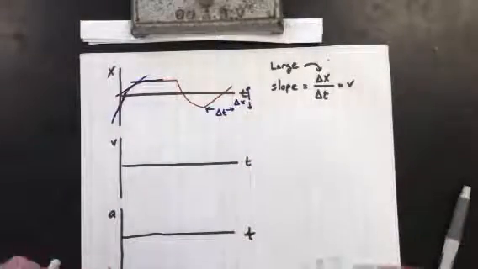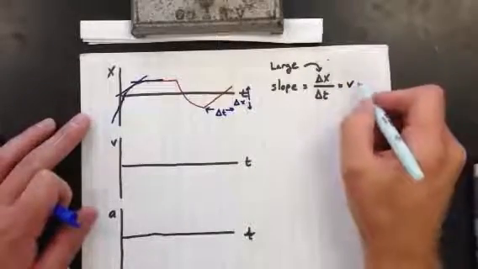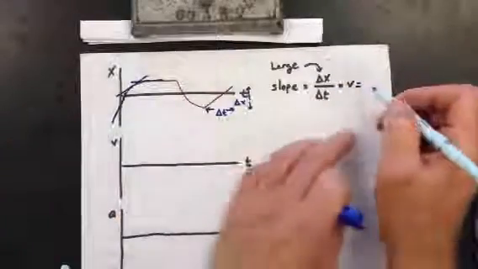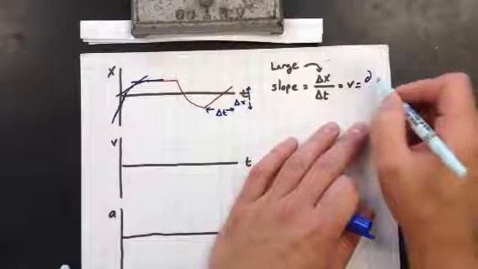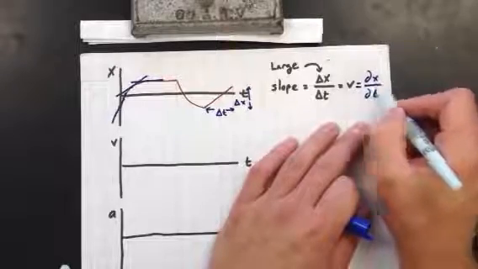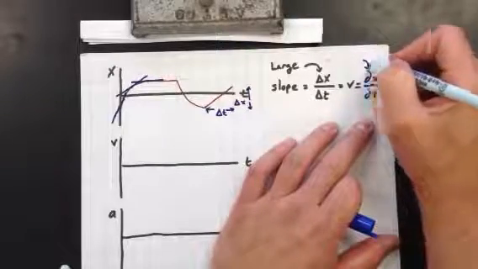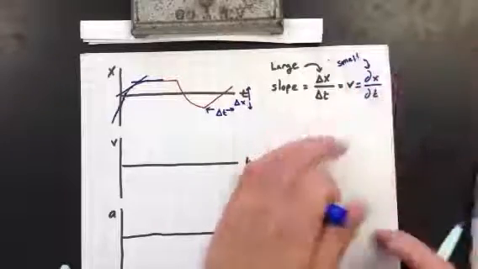What we do differently with our notation here is for a small change, instead of using a capital delta, we'll use a lowercase delta. It looks like a d. So dx dt. Okay, and now this stands for a small change, and it's infinitely small.